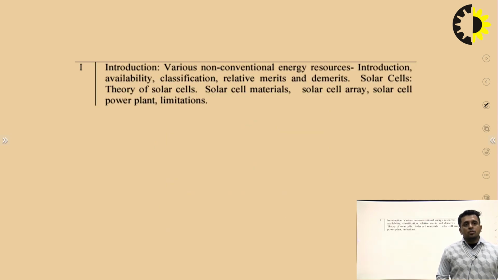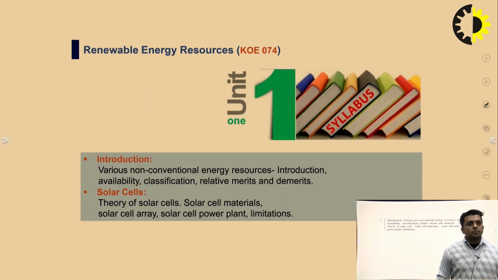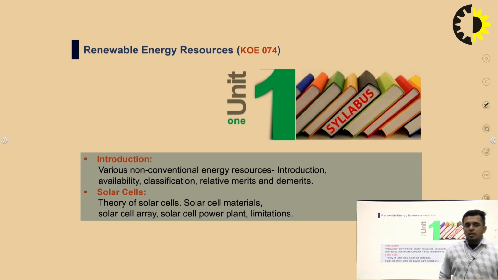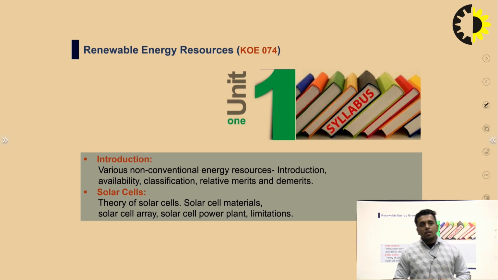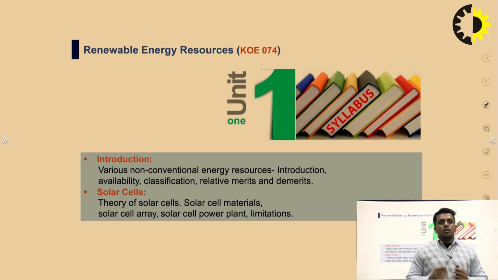Now this is the first unit which today I am going to discuss. Today we are going to focus on this particular topic. As we have seen in the syllabus, unit 1 can be divided into 2 parts: one is introduction and the other is solar cell.